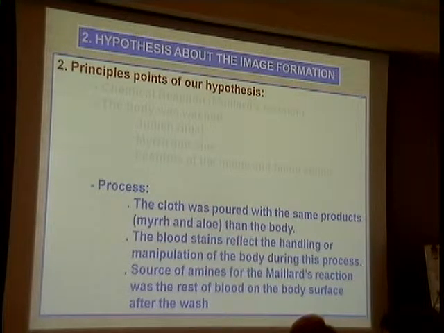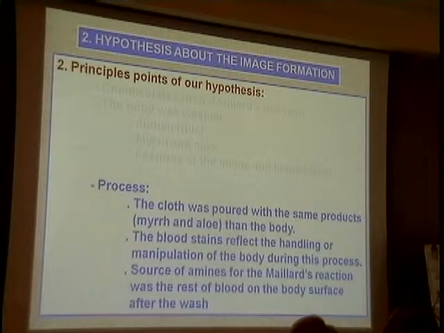Our points also consider some parts of the process to get this imaging on the Shroud of Turin. I think that the cloth was also purified with the same products, myrrh and aloe, as the body. I will explain why. The bloodstain reflects the handling or manipulation of the body during this process, and I will also show some figures.